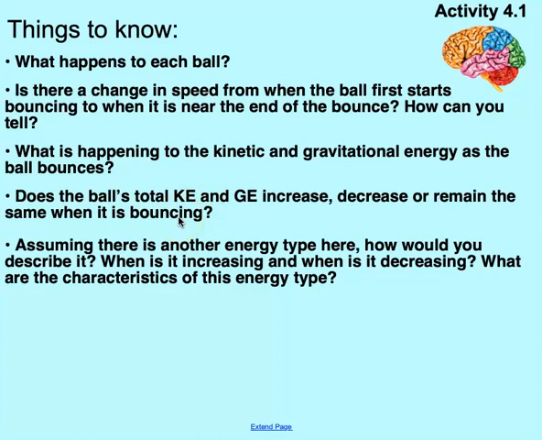Does it remain the same? And assuming there's another type of energy, which there is, we already talked about, it's going to be EE. When is it increasing? When is it decreasing? What are the characteristics of this energy type? Keep these questions in mind as you go through the activities, and make sure you can answer all of these at the end of activity 4.1.